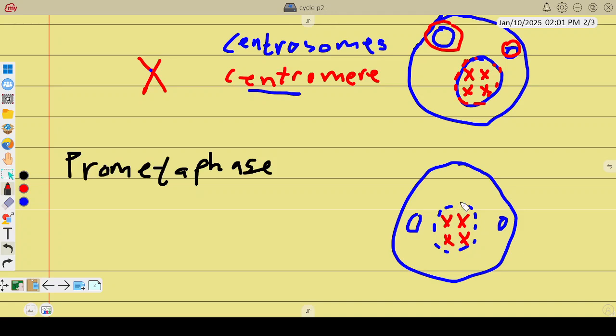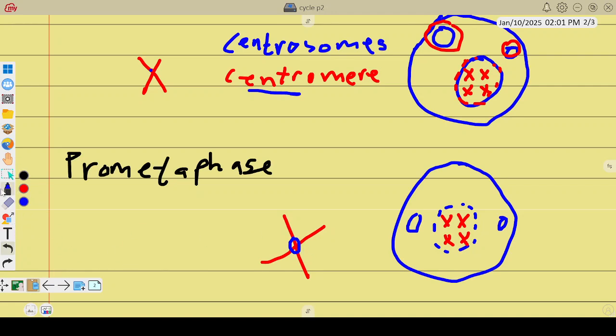After further condensation, kinetochores will now appear. Remember, this is the structure of a chromosome, and then we have kinetochores here.